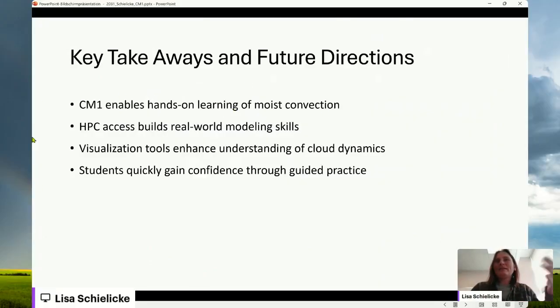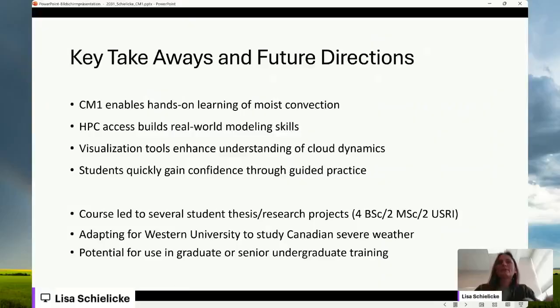The HPC part of this block course gives you real-world modeling skills, and visualization is always the tool you need to visualize your data. This visualization can also help you to understand cloud dynamics better. And the students quickly gain confidence through guided practice in my course.